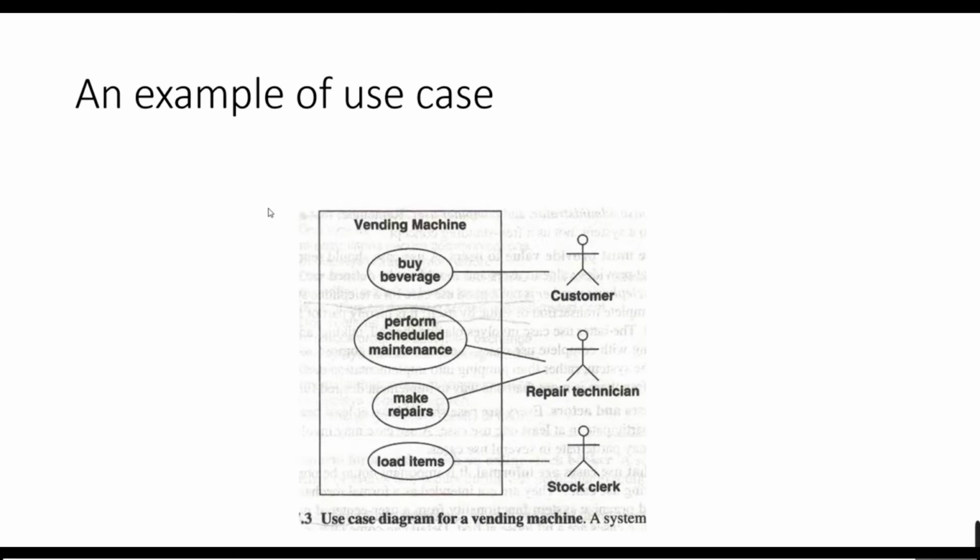For example, this is an example of a use case. In a use case, here are different functions of the whole system, and we need to divide the whole system into different functions.